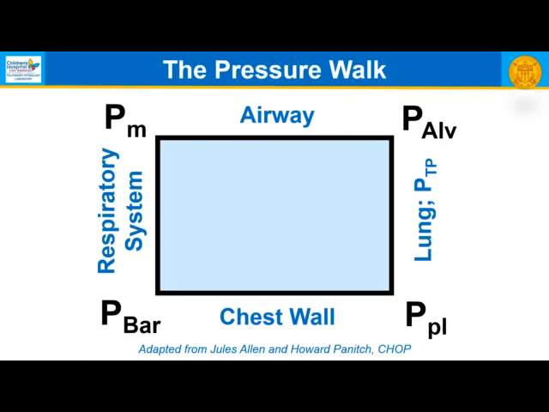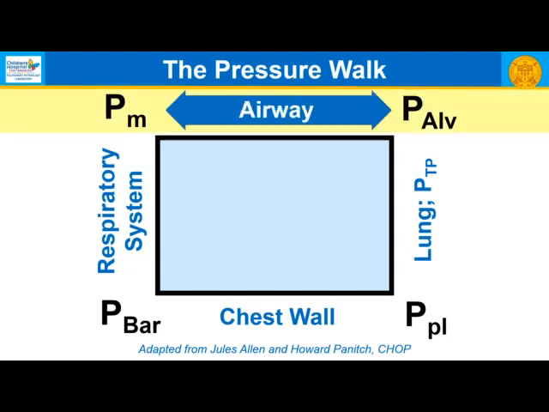This is referred to as the pressure walk, made popular by two of my friends, Jules Allen and Howie Panich from Children's Hospital of Philadelphia, among others. Basically we have pressure at the mouth, pressure in the alveolus, pressure in the intrapleural space, and barometric pressure. What we're measuring is what's between the pressures. Between the mouth and the alveolus is the airway.